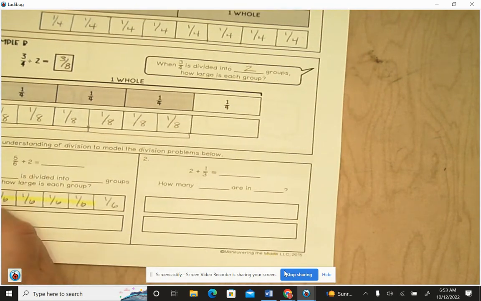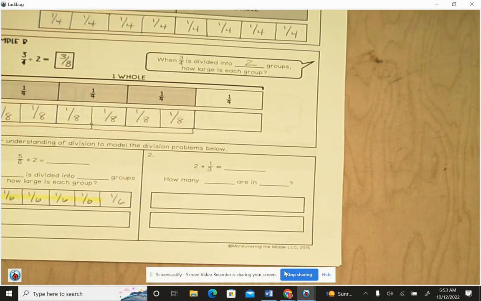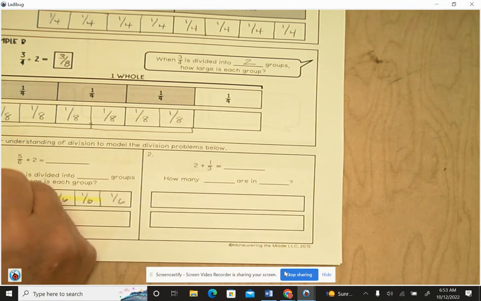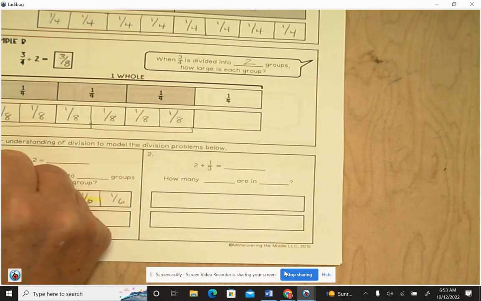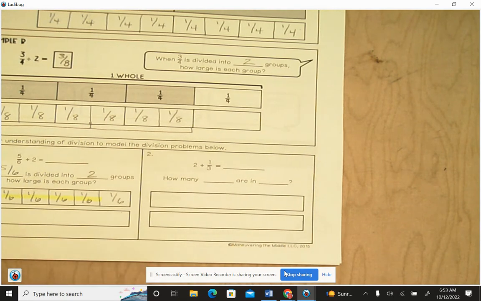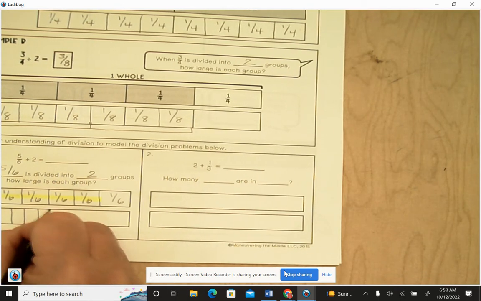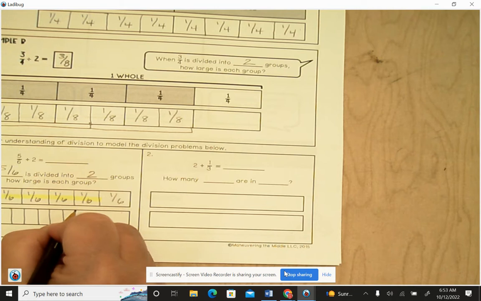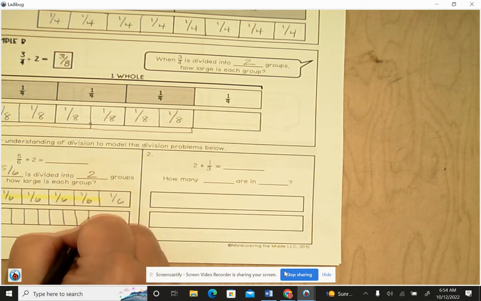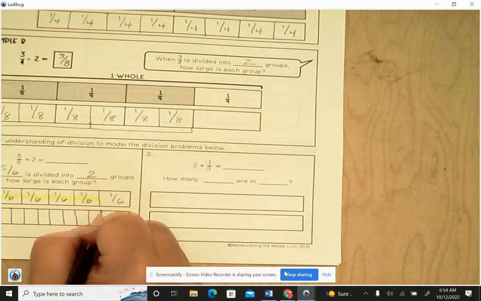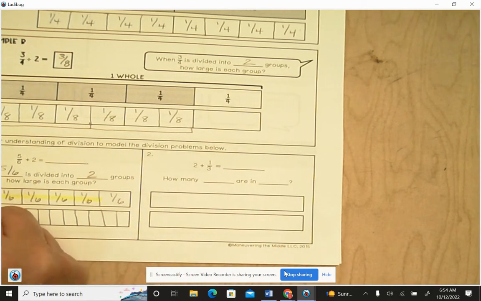And we're going to divide that into 2 groups. So when we divide 5/6 into 2 groups, how large is it? So we're going to split each one of these up. It is not going to be perfect by no means. And half of 1/6 is 1/12.